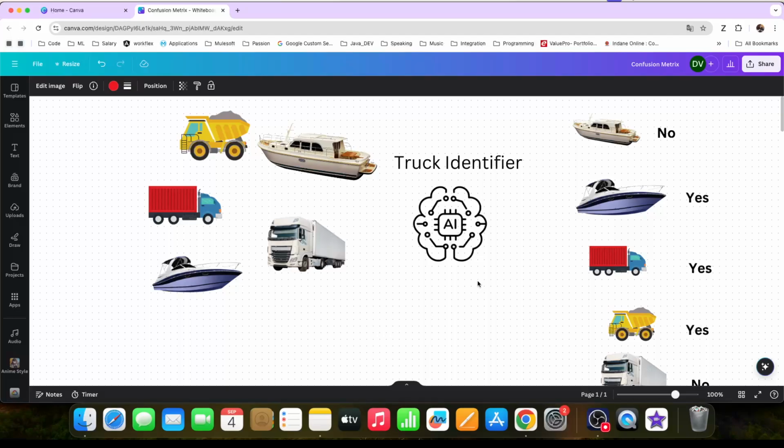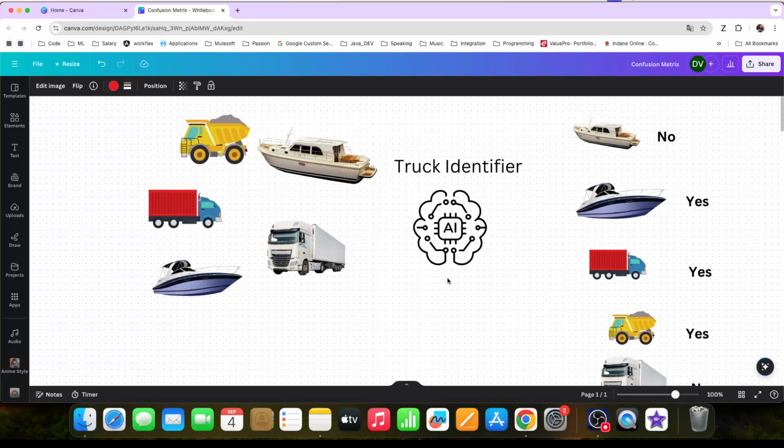Binary classification means either it's yes or no. If you want to evaluate a model doing binary classification and check how efficient it is, confusion matrix is one of the ways where you can check your model performance.